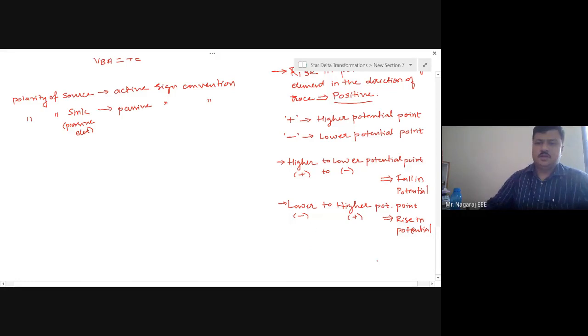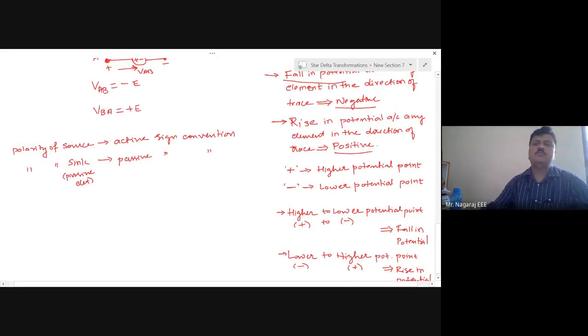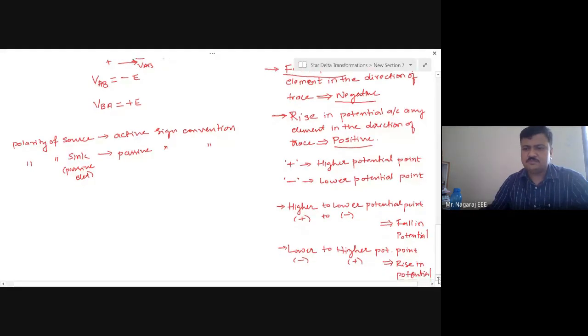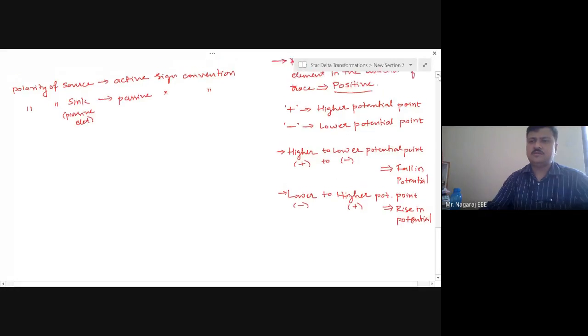If you remember this right part of this page, you will never make mistakes in writing the KVL and KCL equations, especially KVL equations. So understanding and remembering this convention is of utmost importance.